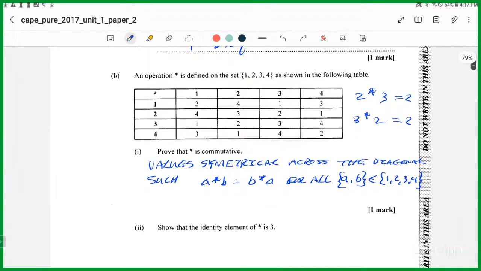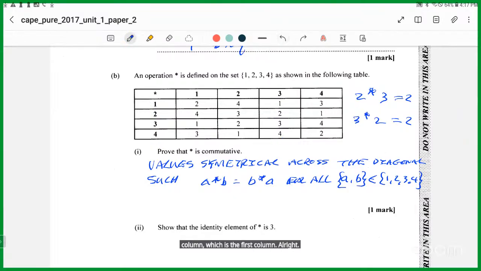It says show that the identity element is 3. So 3, this row matches the top row. Alright? Or this column matches the first column.